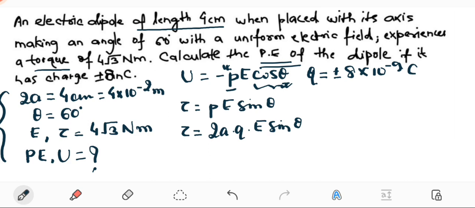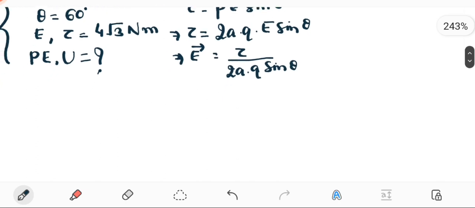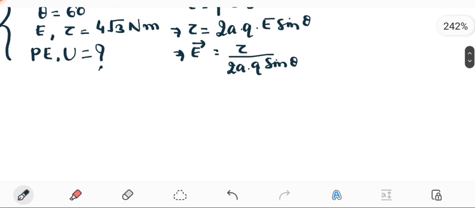From here E will be equal to torque divided by 2a into q into sine theta. So this is how we will be solving it. Now we can again write E is equal to torque, and the value of torque given is 4 root 3.